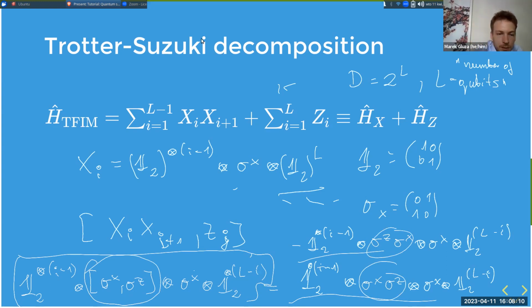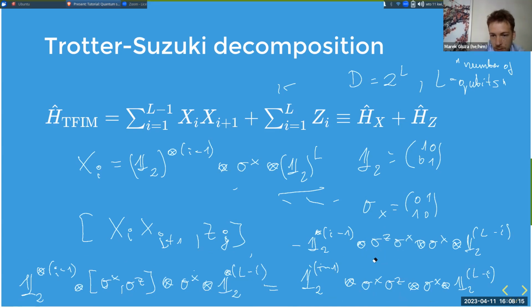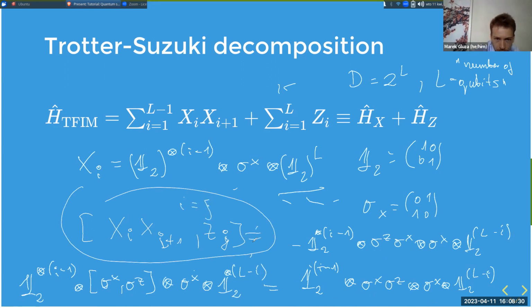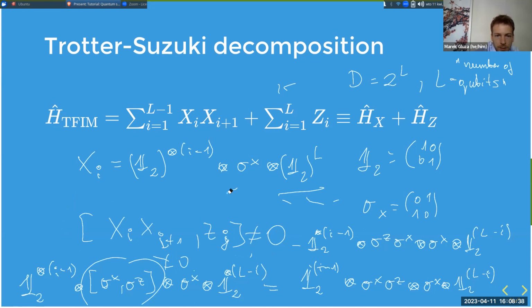The point is that in general it's not so easy to do this, and it's a good exercise to study in more detail why this appears like this. But my point here is that if i equals j, this is non-zero because this is non-zero. Pauli operators don't commute. So the point of this calculation is that we are considering two blocks that are non-commuting.